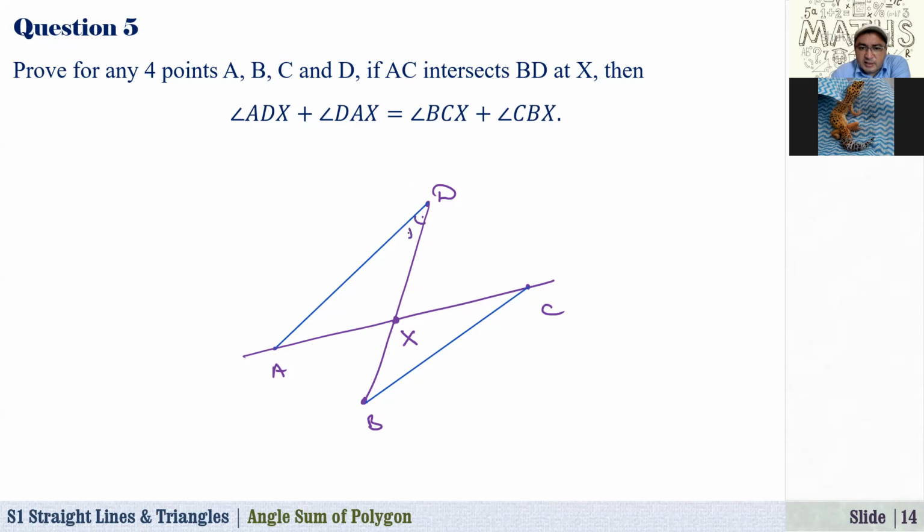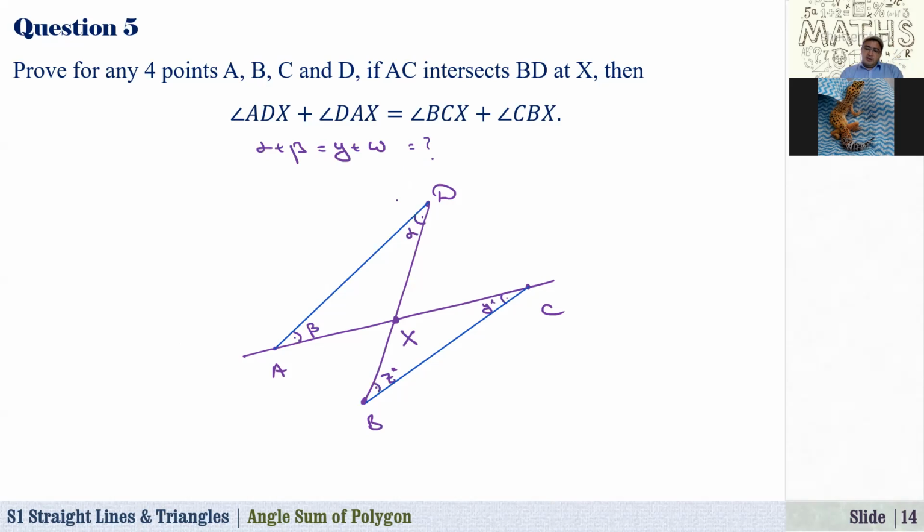Let's say this one is alpha, DAX. Let's say this angle is beta. BCX, let's say it is Y degrees. And the CBX, let's say it is Z degrees. So what we are trying to show here is alpha plus beta is equal to Y plus Z. So we have to show this.